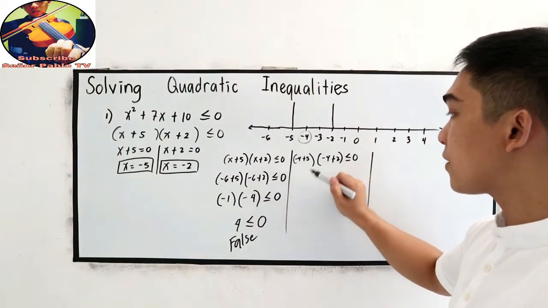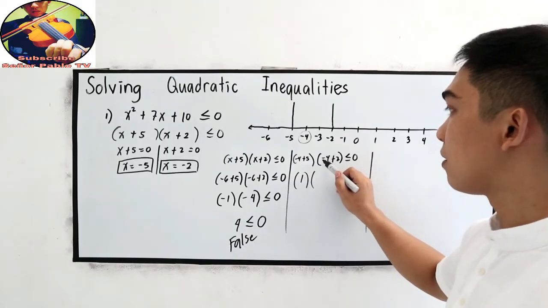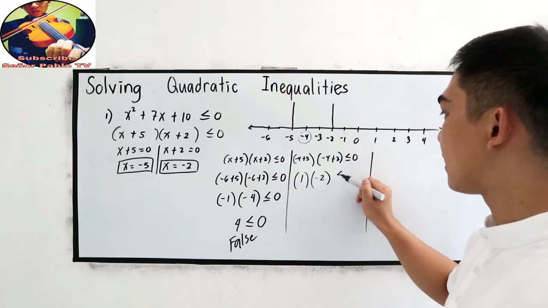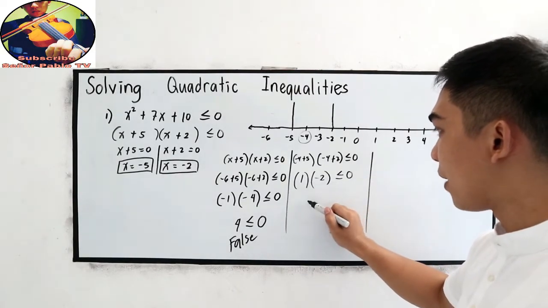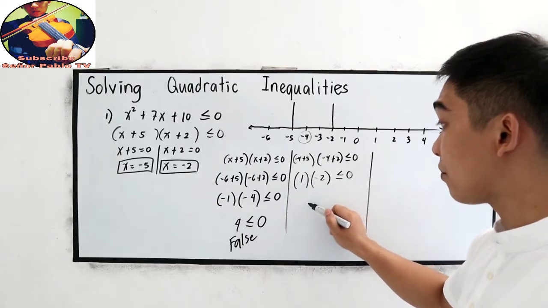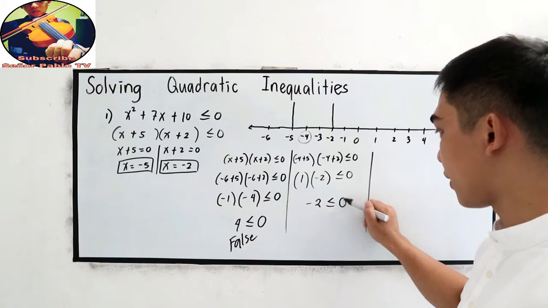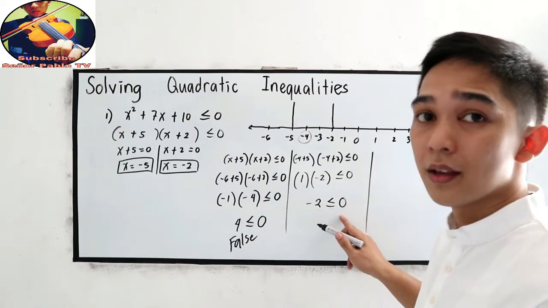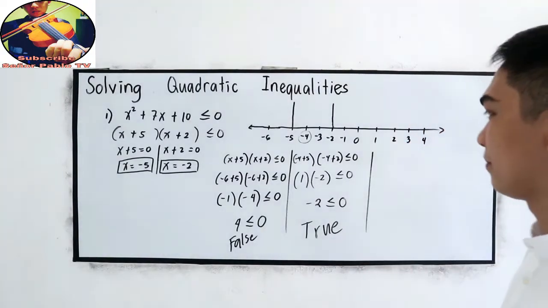So negative 4 plus 5 is positive 1, times negative 4 plus 2, negative 2, less than or equal to 0. Now we have 1 times negative 2, negative 2, less than or equal to 0. Is negative 2 less than 0? Yes. So that means this is true.